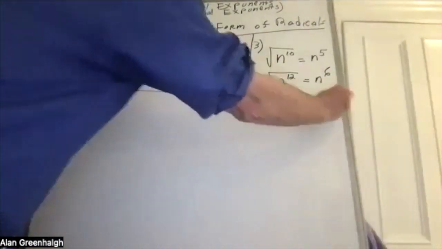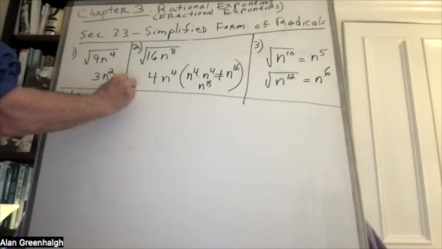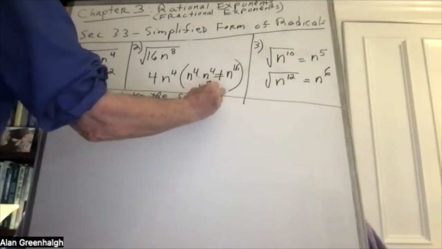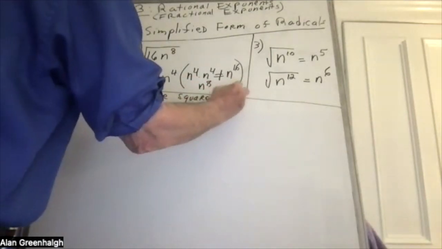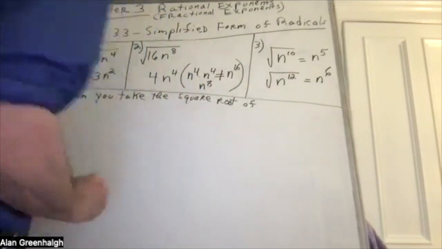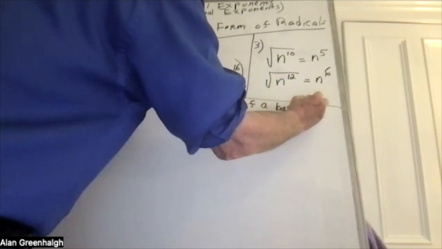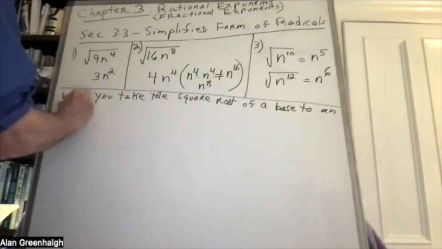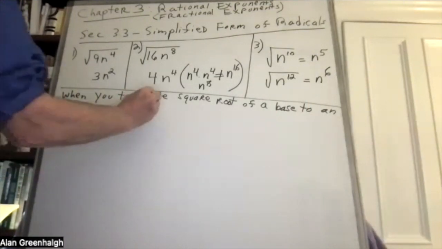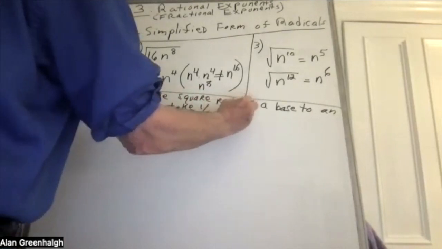Let's write that. When you take the square root of a base to an even number, take 1/2 of the exponent.